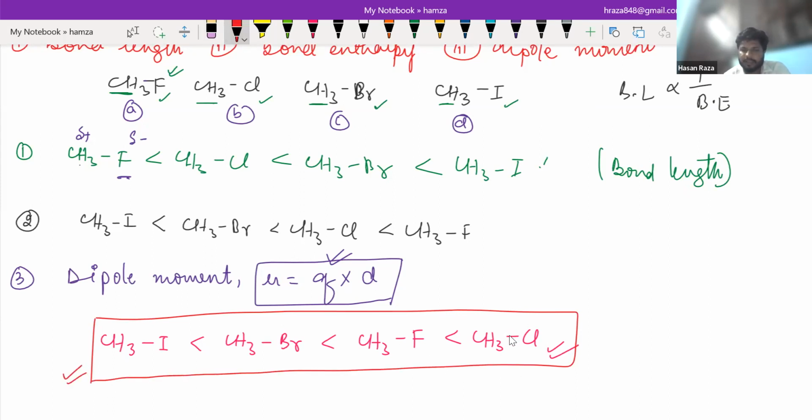If you are going through the electronegativity concept, this should be here and this should be here. But experimentally, we found that the dipole moment of CH3Cl, chloromethane, is greater than the dipole moment of fluoromethane, because the bond length increases here. That's all. Please write it.